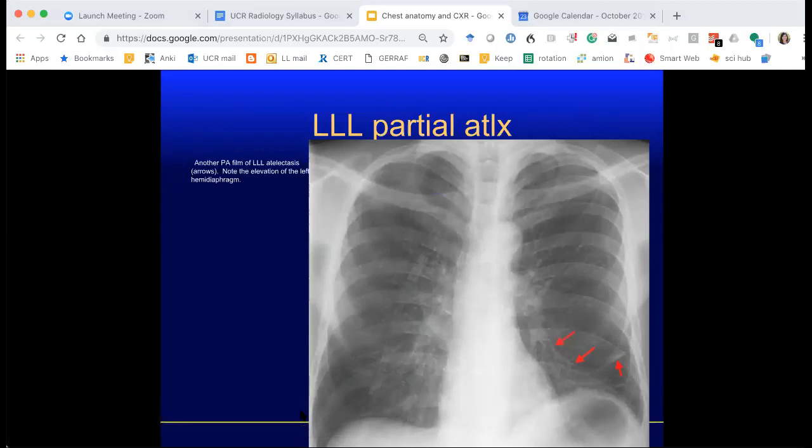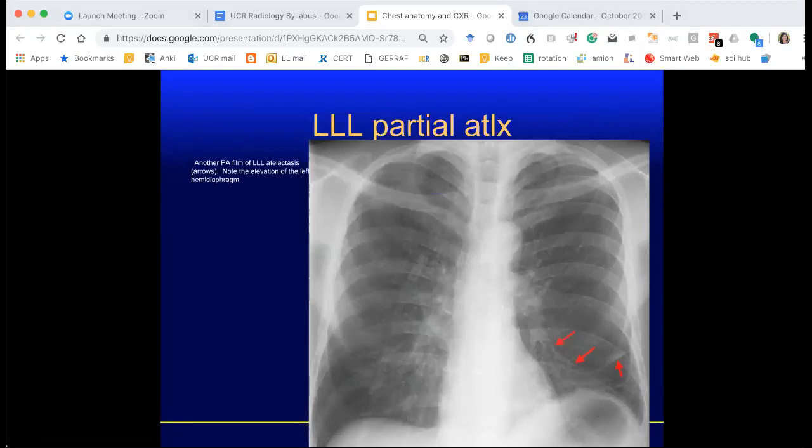Below the arrows. I actually meant below the arrows. This one? Yeah, right there. Oh, yes. So this left diaphragm is high. So yes, it's a very good observation. So the left hemidiaphragm is elevated.